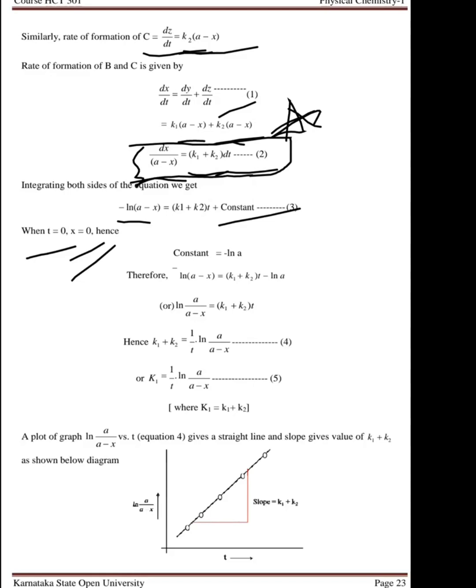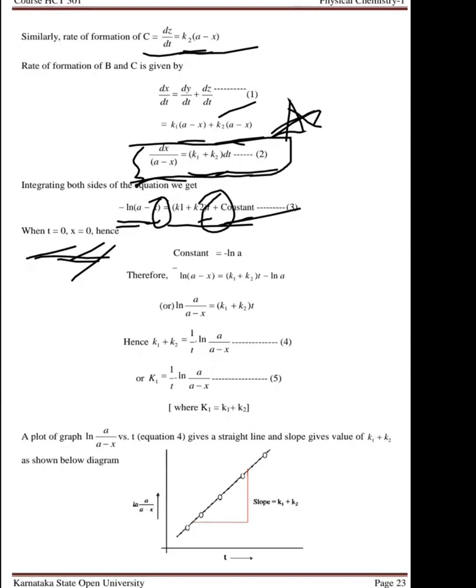When t becomes 0 and x becomes 0, the value of the constant is equal to minus ln of A. See this, x will become 0 and t will be 0 if you take from this equation.